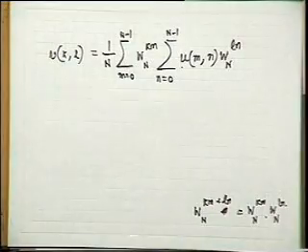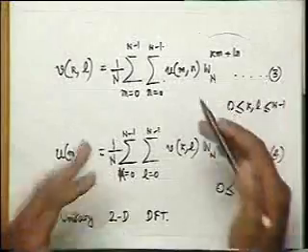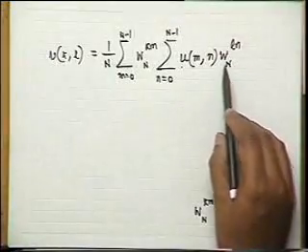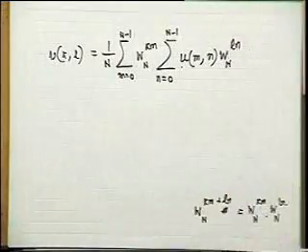I haven't written anything new, I have only rewritten equation 3. Only W_N to the power Km I have shifted to this side, and the rest of the term, that is W_N to the power Ln, remains over here.